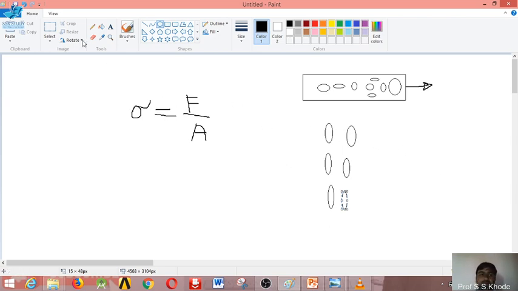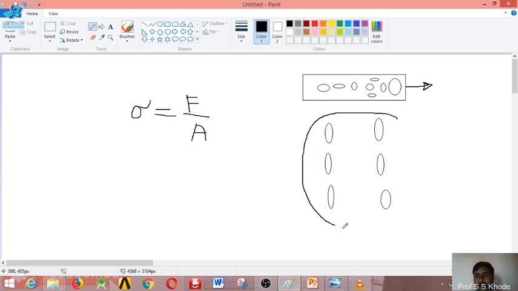But when these molecules go apart from each other due to the application of load, that intermolecular force of attraction between them goes on decreasing.